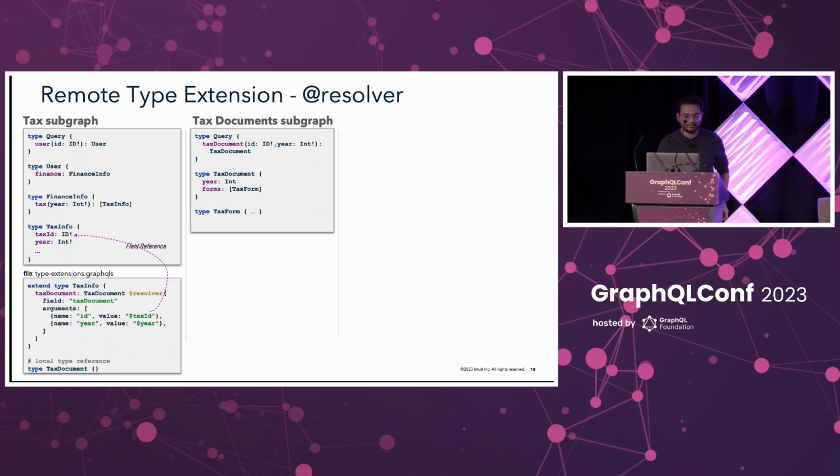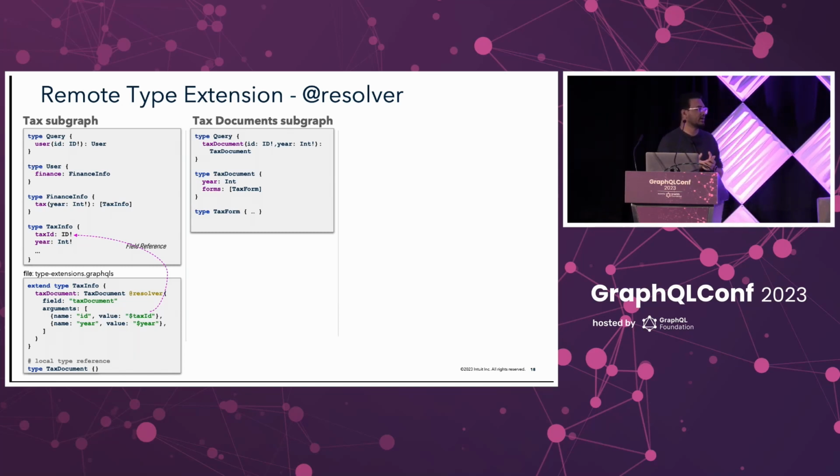For that, we came up with this resolver directive where the tax subgraph can keep an extension file. They don't have to load the extension file in their runtime, but they can pass this extension file to the orchestrator, and say, okay, I need to add the tax document field in my tax info type, and for that, the resolver is not myself, but a different field in the composed supergraph, which we need to pass the arguments ID, taking the tax ID from my tax info type, and the argument year is the same as year.